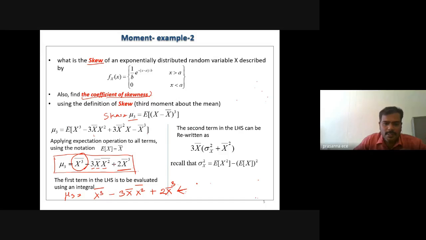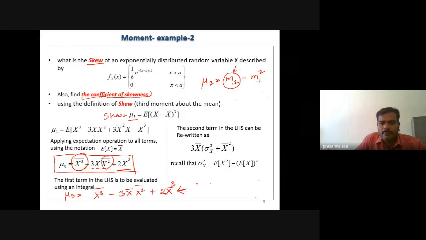Now we can observe the second and the third terms. As you can see here, this is x square the whole bar. If you write mu2 equal to m2 minus m1 square, this x square the whole bar is your m2, correct?